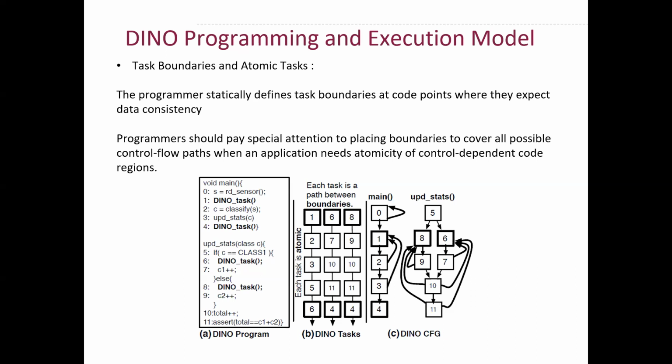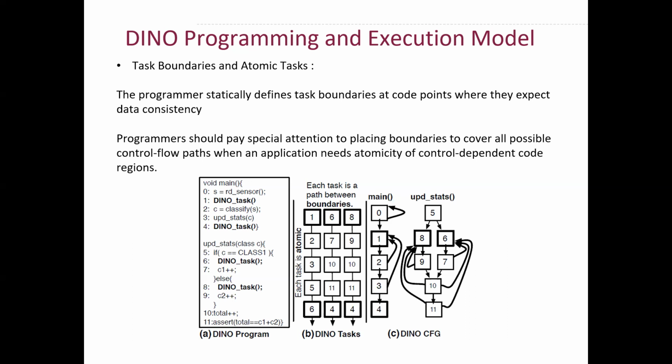As with a memory fence in concurrent programs, programmers must be careful to include sufficient task boundaries to provide the atomicity and consistency required by their application. If we see this figure, figure 6a, there is void main, s is equal to rd sensor, and then we have a DINO task.